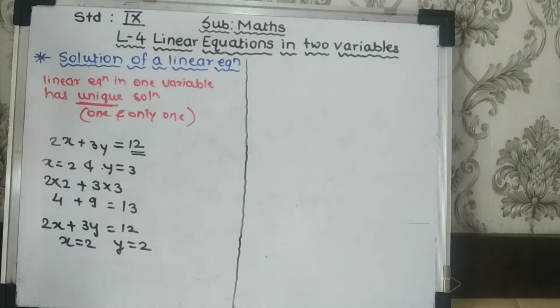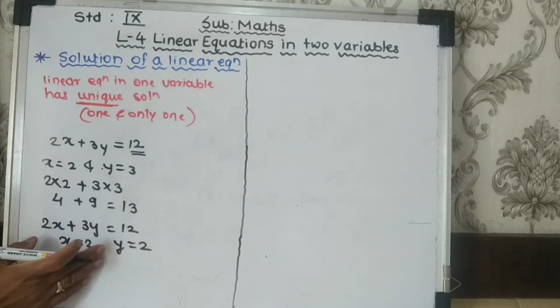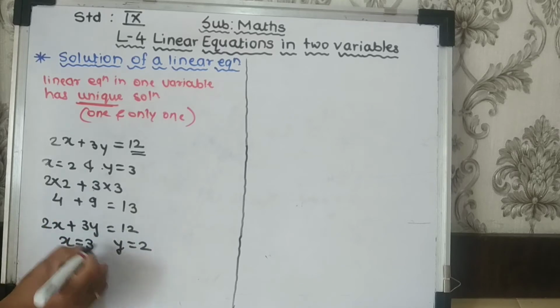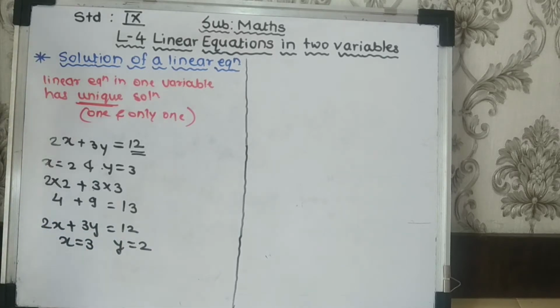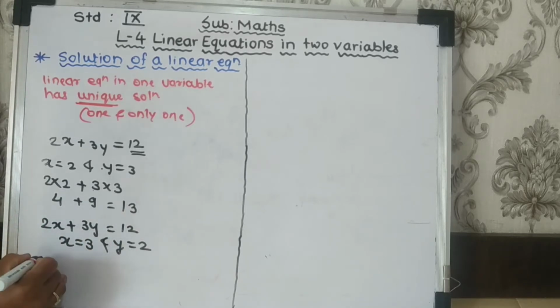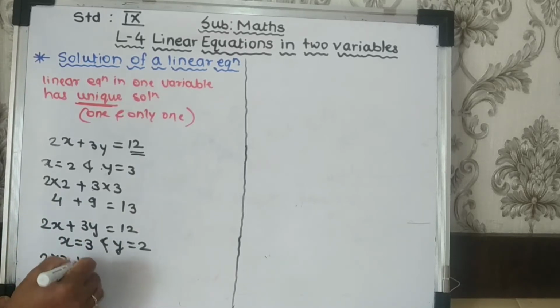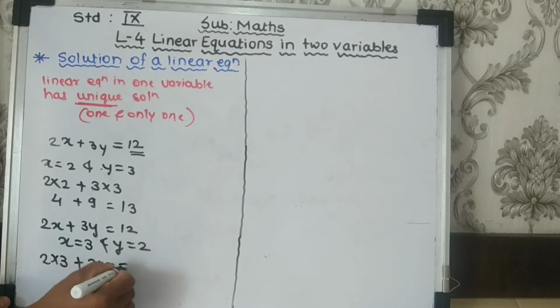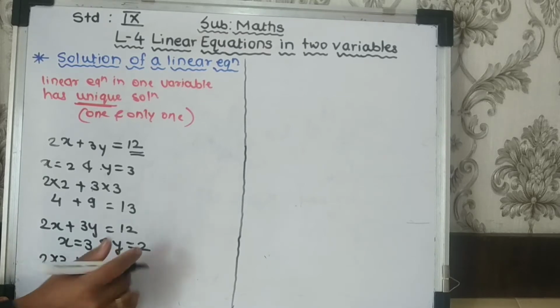So let us see what value we get. Or we will take here x equals 3 and y equals 2. Let us see what we will get. So 2 multiplied by 3 plus 3 multiplied by 2, do we get 12 or not?